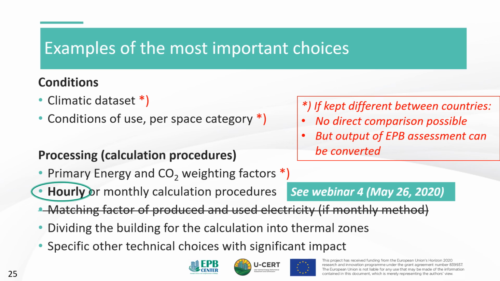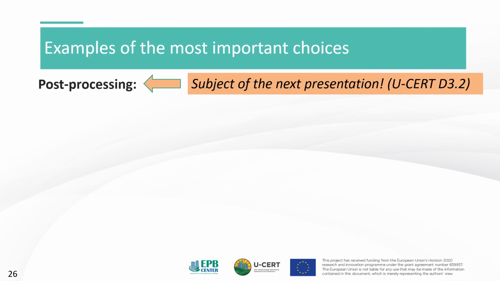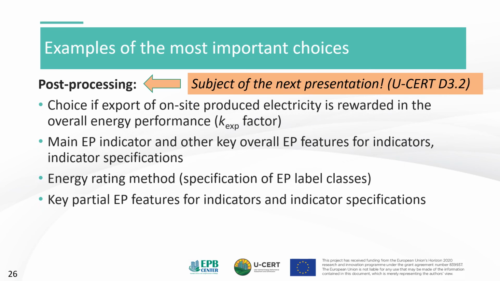Like you could convert some price in US dollars into a price in euros to make things comparable. On post-processing, there are also some choices. These are subject of the next presentation, so I will not spend time on these.